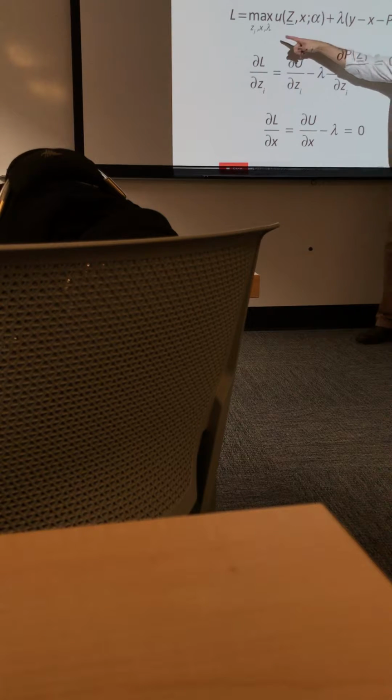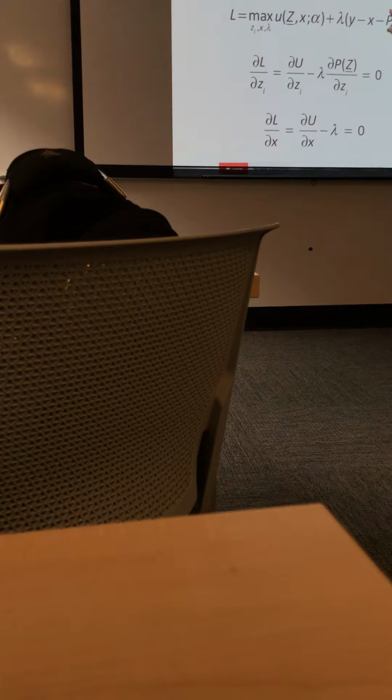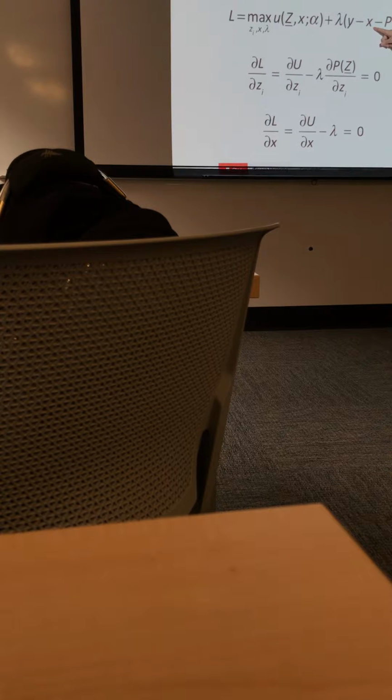So up top, what I've got is the utility maximization problem. The individual is going to choose a house, which means a combination of Z. And that's going to leave them with a certain amount of X that they can consume, because they have a budget constraint: what they spend on their house, in addition to what they spend on everything else, adds up to income.